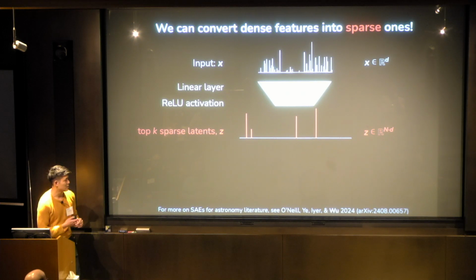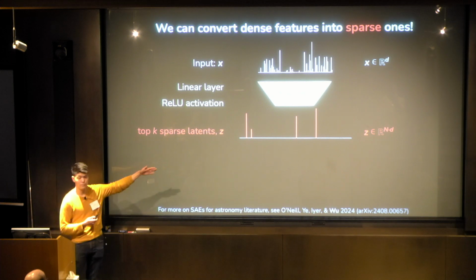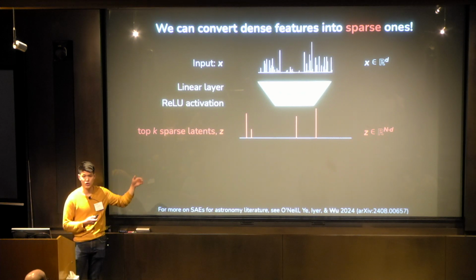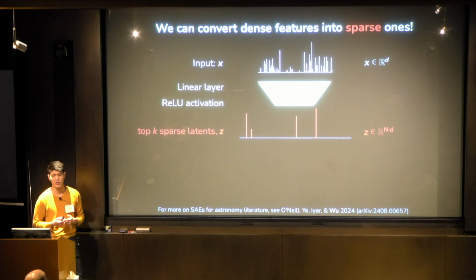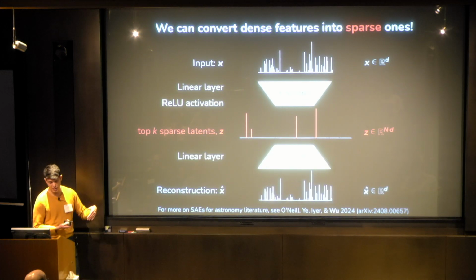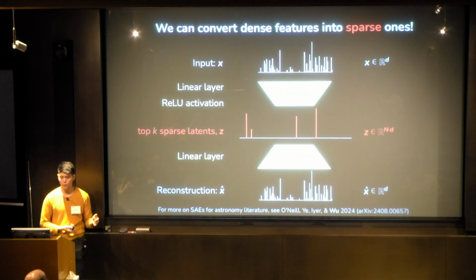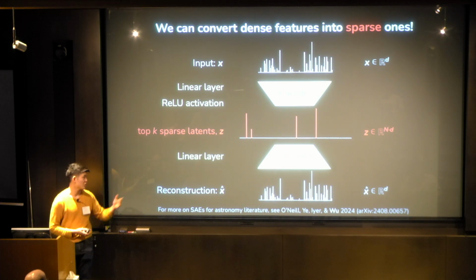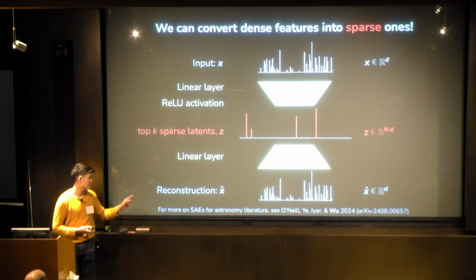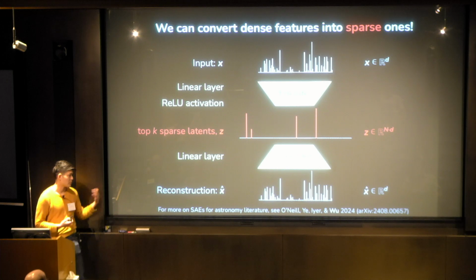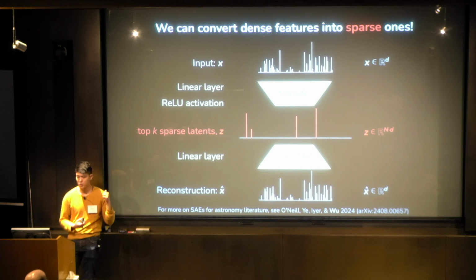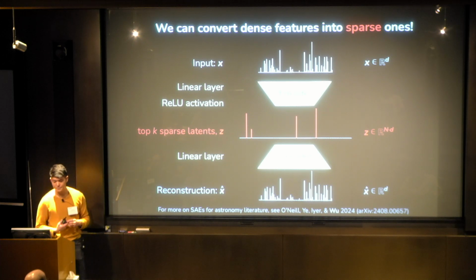In fact, more than K are non-zero in the beginning, but then we throw them out. So we enforce the sparsity constraint during training. Then you have a decoder layer and reconstruct this. What you get is a linear projection out of this latent space, giving you some sort of interpretable reconstruction, based on how interpretable these latent vectors are.